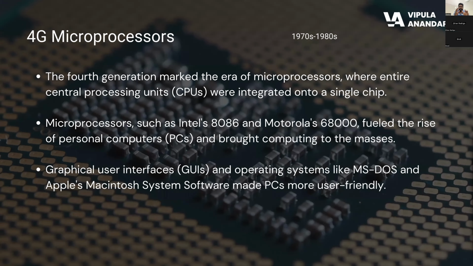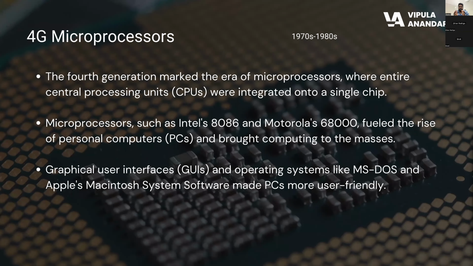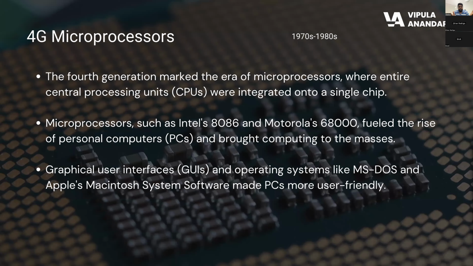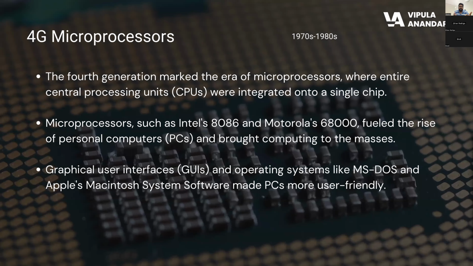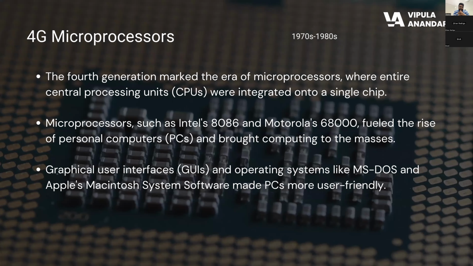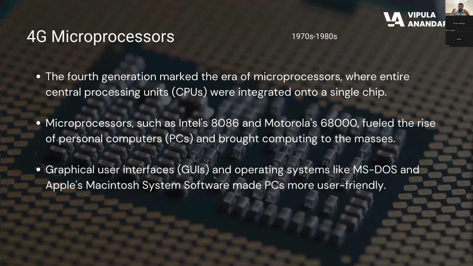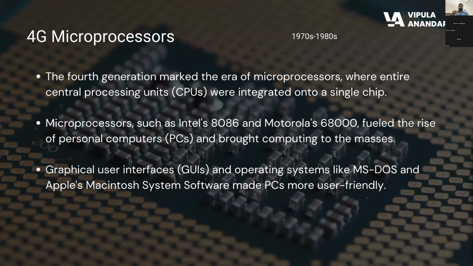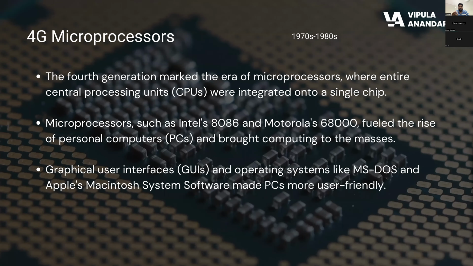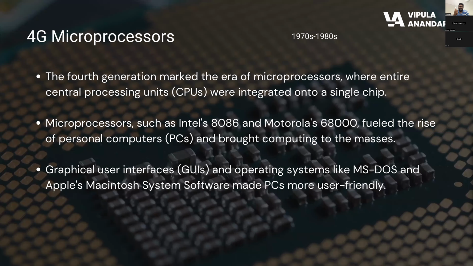That's why these guys were really in the market. Motorola and Intel were the pioneers who started building these types of CPUs, and since the CPUs were there, they were able to process multiple instructions at a time, right?